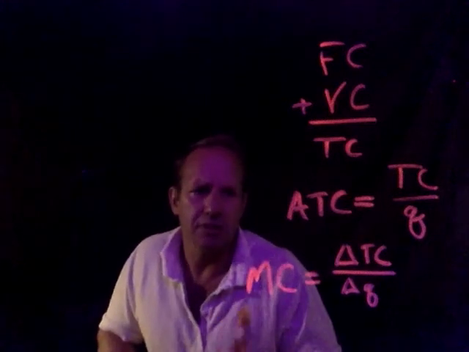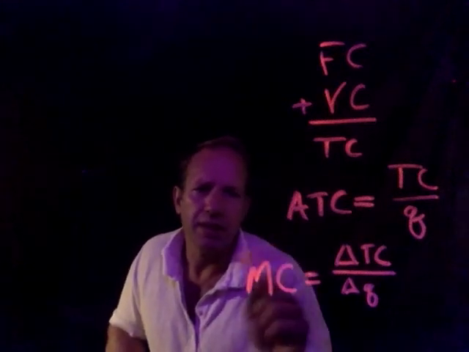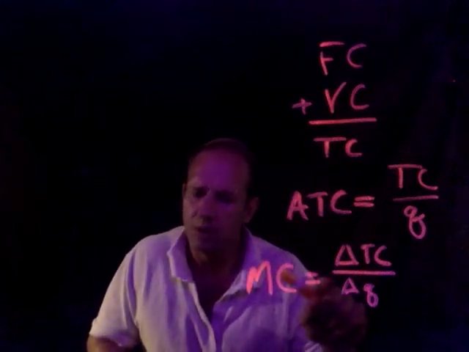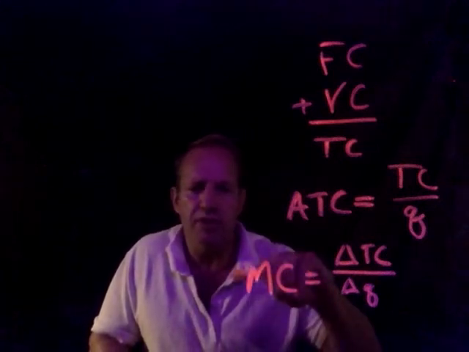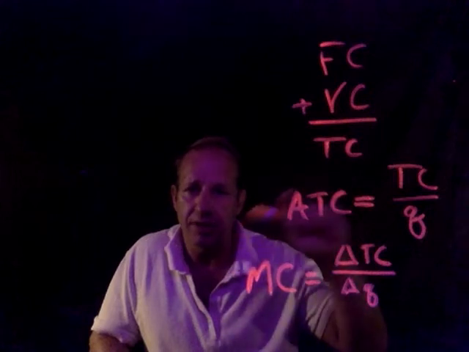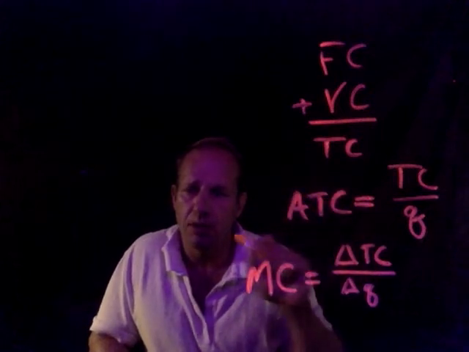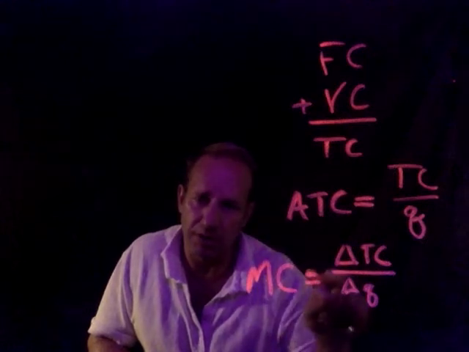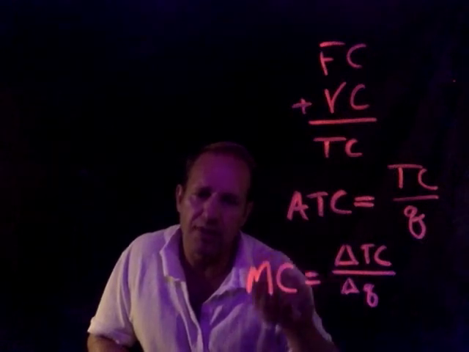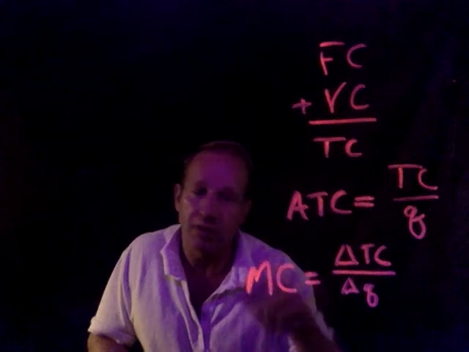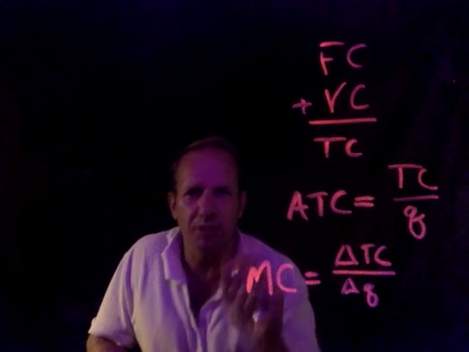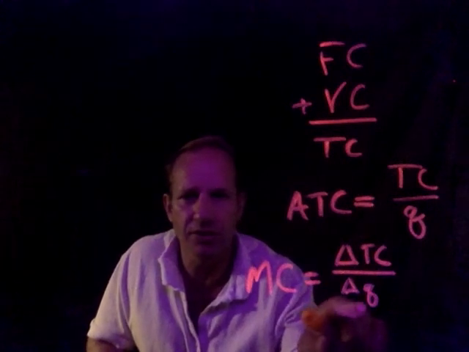Let me look at this yet another way. As we added workers to our production function, we were increasing output at a decreasing rate. But those workers cost us some flat wage per worker. So every time I added a worker, my total costs were rising according to the wage, but they were producing output at a decreasing rate.